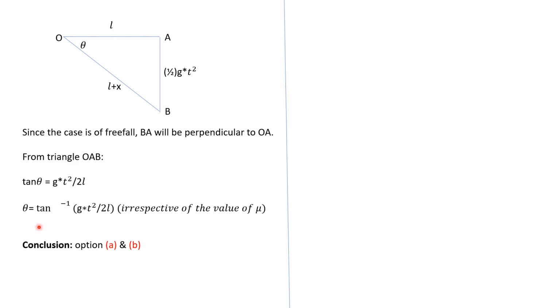So irrespective of the value of mu, theta will be tan inverse of g t square by 2L. If we go to the options, you can see that options A and B are correct.